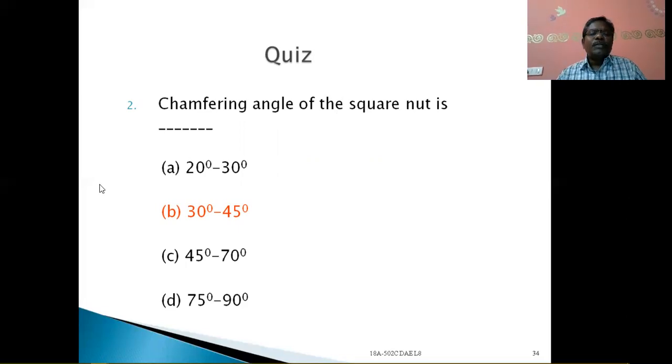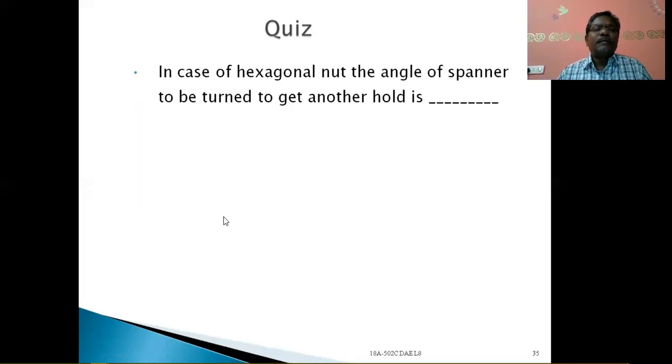Right? So next is in case of hexagonal nut, the angle of spanner to be turned to get another hold. That means while turning a nut, and first hold is there, and to get the other hold, how much angle has to be turned the spanner. So as we have discussed so far, it will be 60 degrees only.